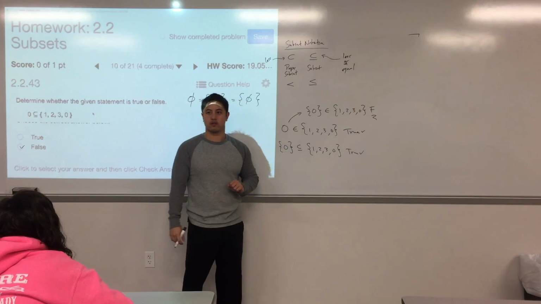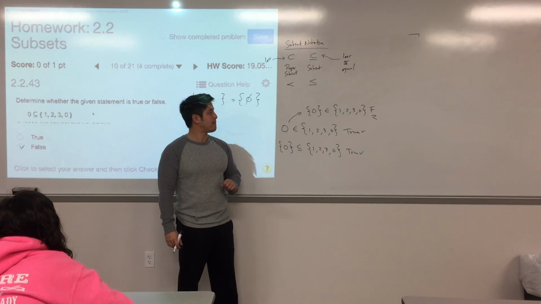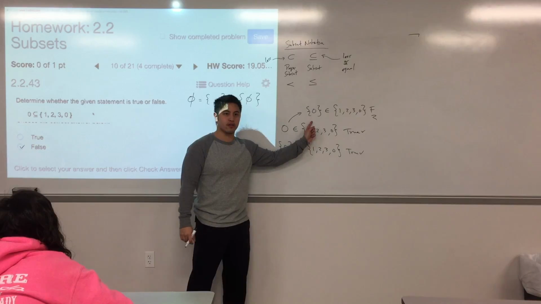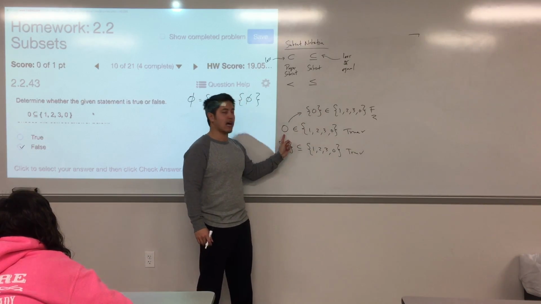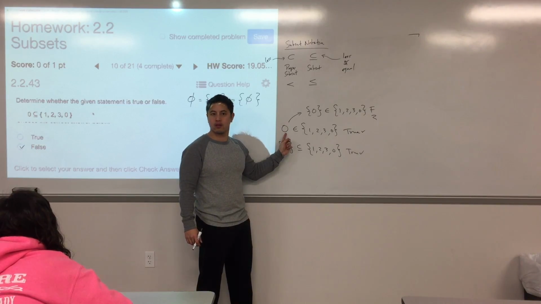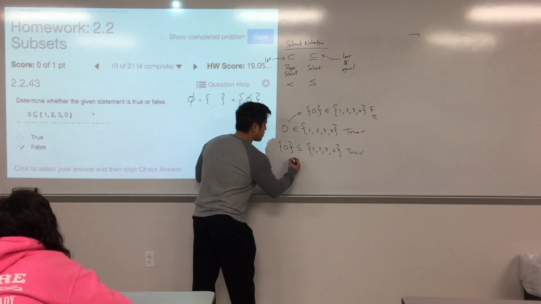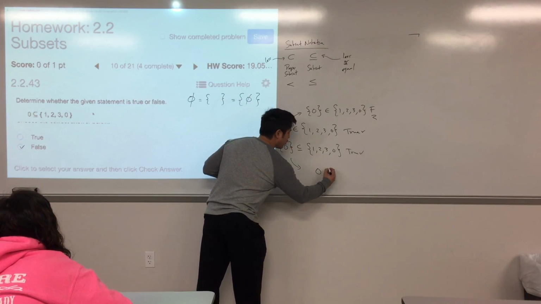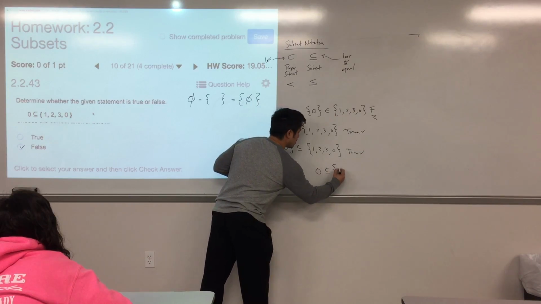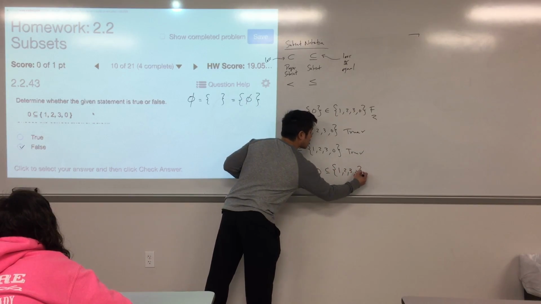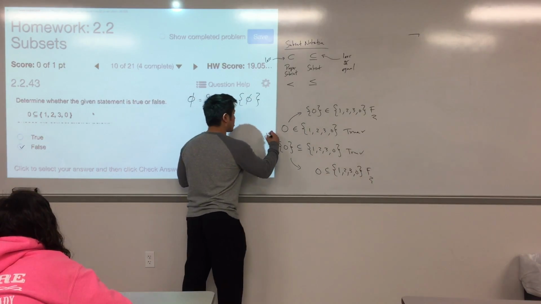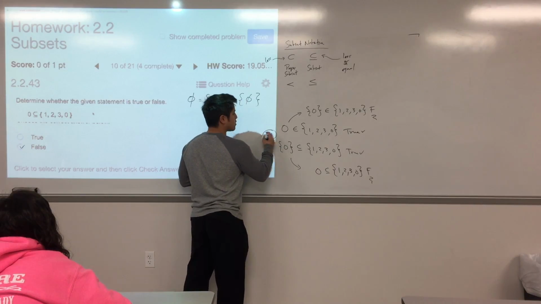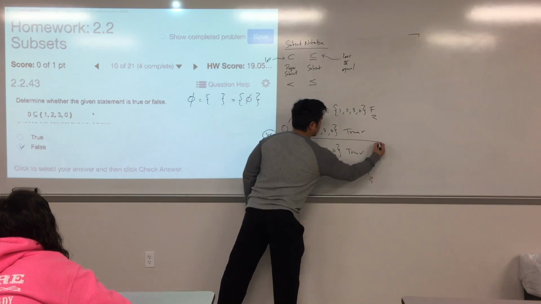Why do you think that's false? Because it has braces. When you're speaking element language, the one on the left has no braces. When you're speaking subset language, if your item on the left does not have braces, it is false. Does that make sense? So you have to pay super close attention to the language you're speaking.